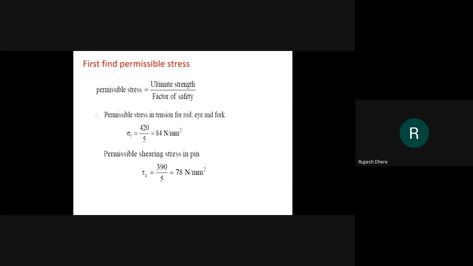Before that, let me ask one question: which stresses do we have to calculate from this formula? Already we have calculated sigma T. Is there any other stress which is required for further calculations or for finding out the dimensions? Anybody of you? Rupesh Dhere.